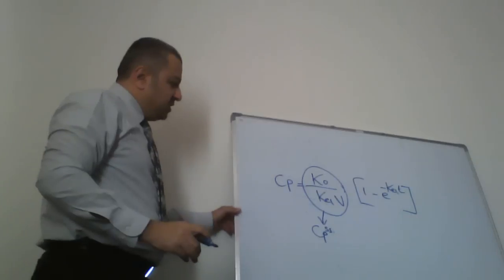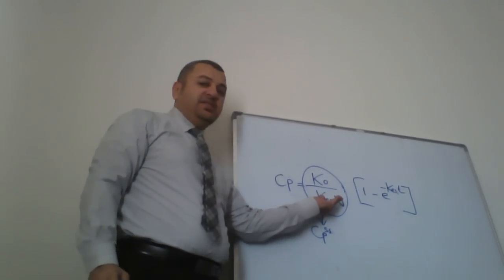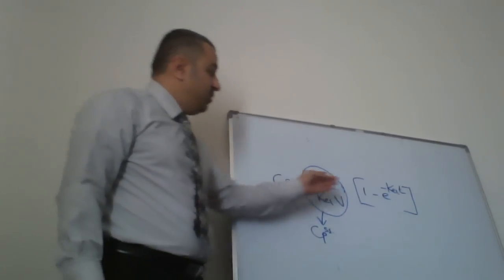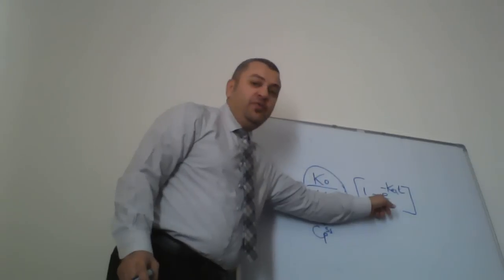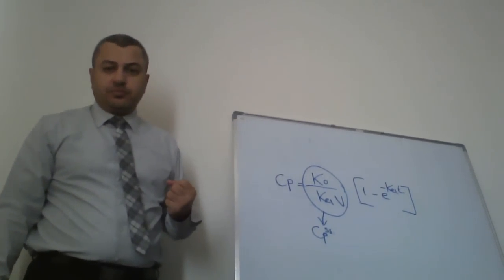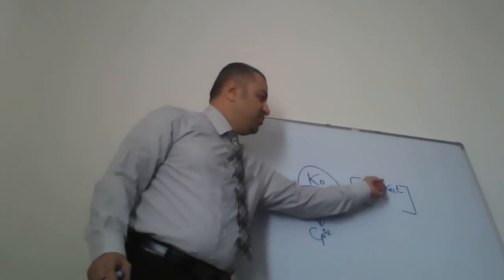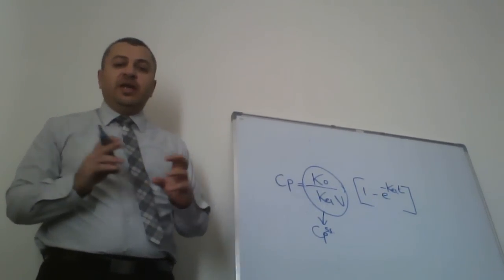So look at this equation carefully. Cp is equal to Cpss multiplied by 1 minus e to the power of minus Kt. If you remember in IV bolus administration, e to the power of minus Kt was the fraction of drug remaining in the body.